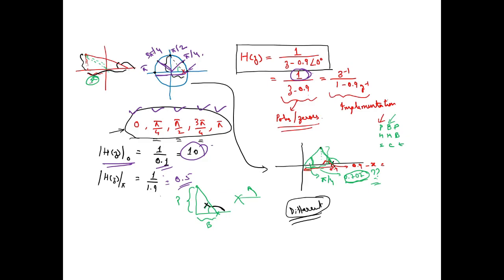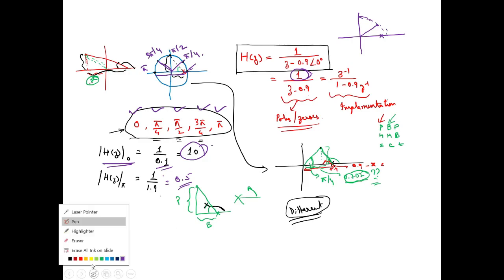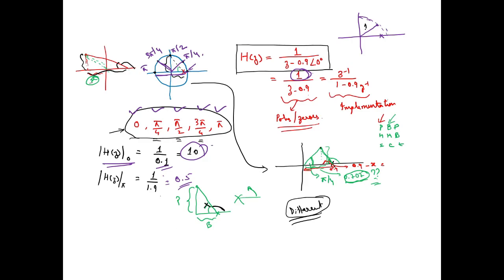So what about the other frequency points? How to find out? Just drawing this one, we have the pole over here. This angle is known to us, so we can calculate this distance.